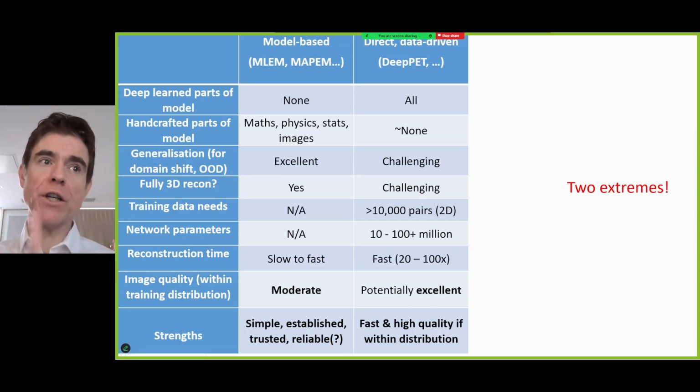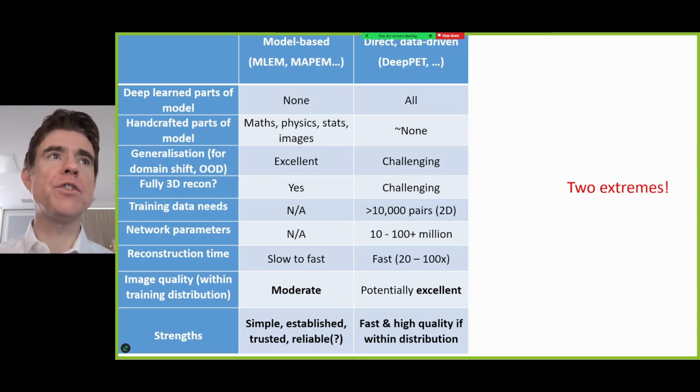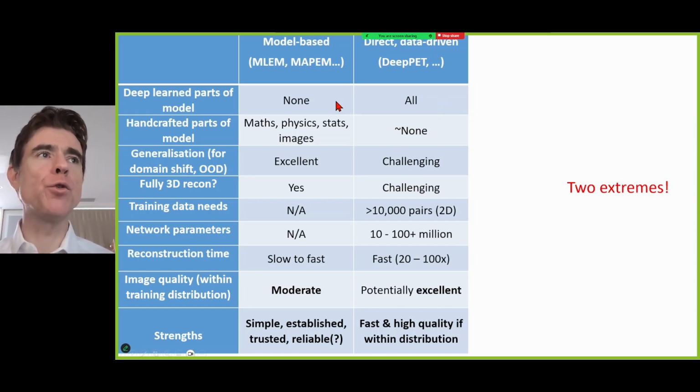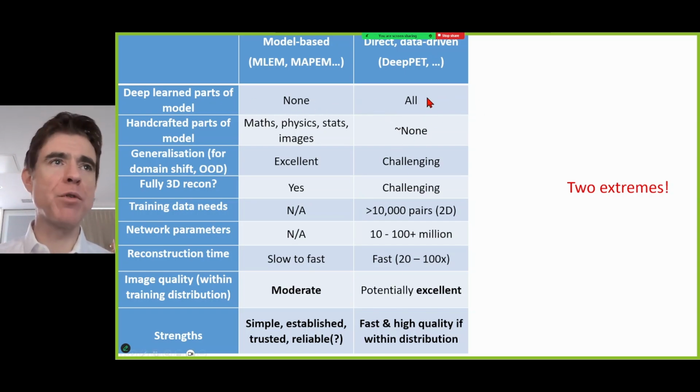Now, we've just been looking just now at full-on deep learning-based reconstructions from sinogram to image, and there they've gone all the way to the other extreme, where the deep learning parts of the model, yep, let's deep learn all of it. Let's basically largely forget about our knowledge of physics, stats, and maths, and so on. Generalization, though, can be challenging, as we've seen in some examples, and even true 3D reconstruction could be challenging.